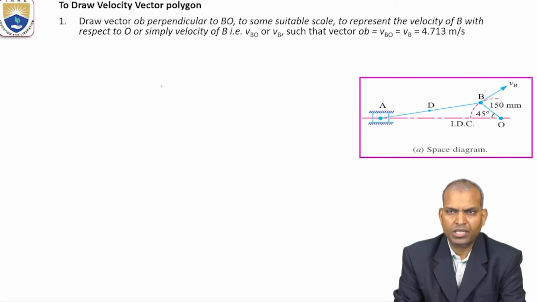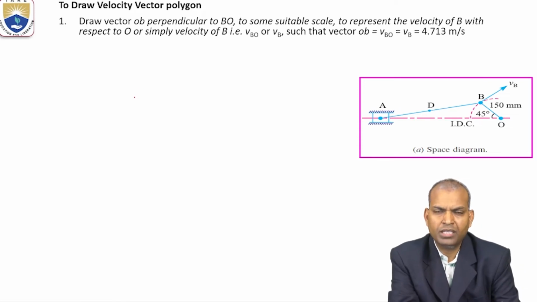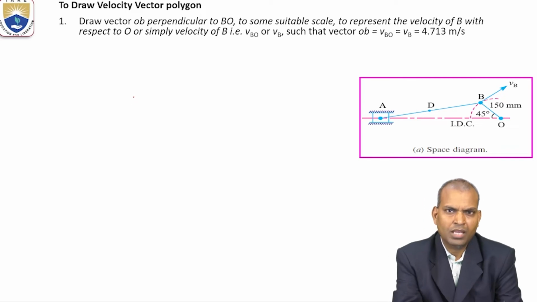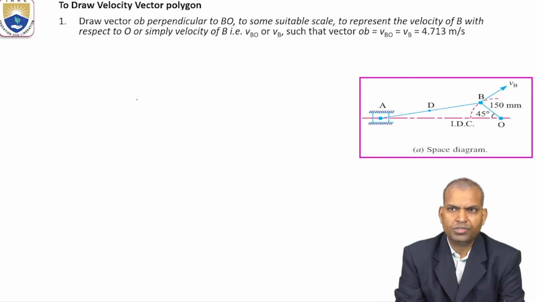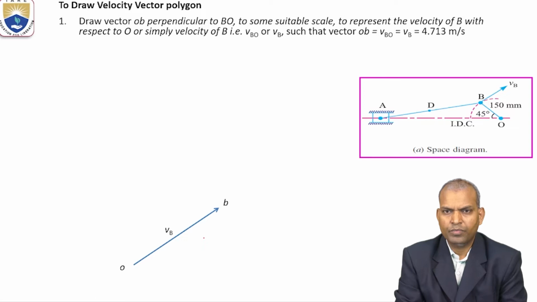To some suitable scale, it represents the velocity of B with respect to O, or simply velocity of B, that is VBO, that is VB, such that the vector OB equals 4.713 meters per second. Now here it is, let us see, start, that is OB. It represents velocity of B, which is normal to the link BO. Why is it normal?